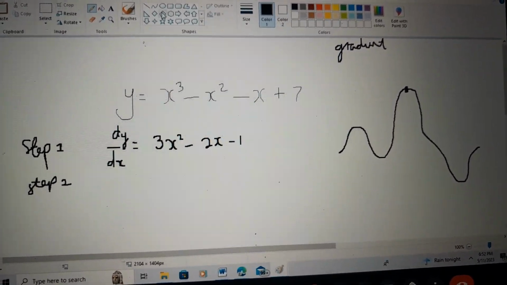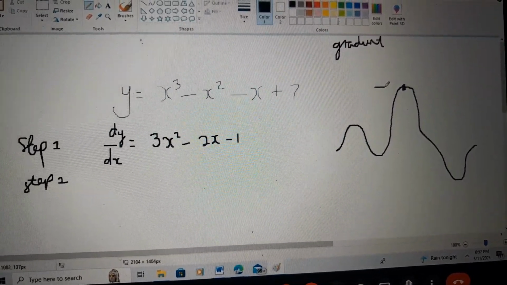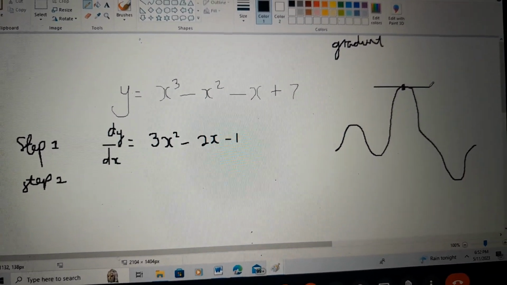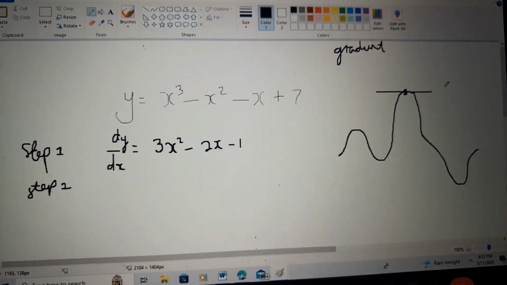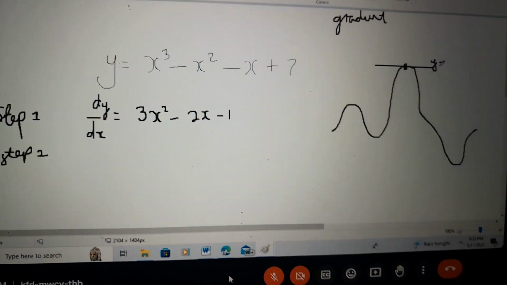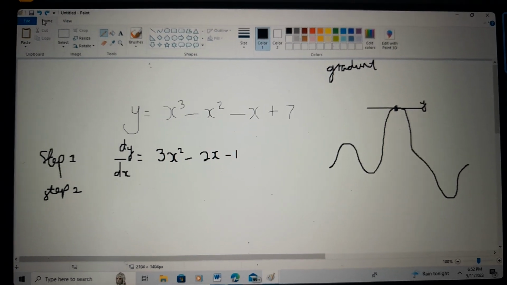If you observe carefully, the gradient at a maximum point will be a horizontal line. Is that clear to everyone? The tangent will be a horizontal line.